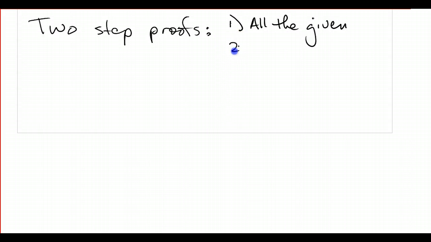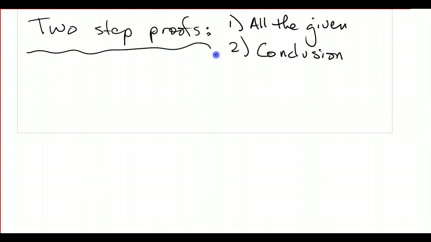And then directly from whatever information is given to us, we can state our conclusion. Again, it may be more than two steps depending on how many pieces of given information there are. But we can state our conclusion directly from the given information.